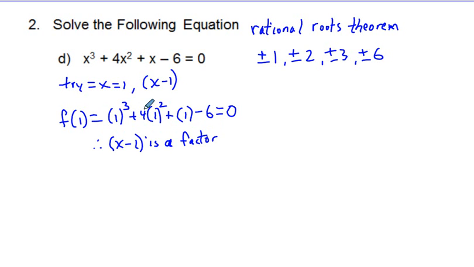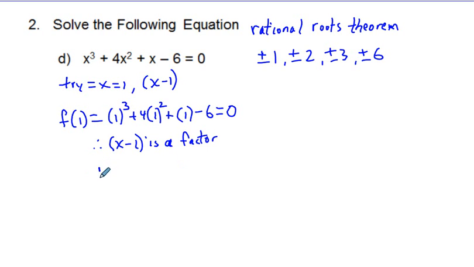And this might look a little bit intimidating, but I hope you can see that it really shouldn't take very long to go through these pretty quickly to get a rational root and hence a factor. So we know that.